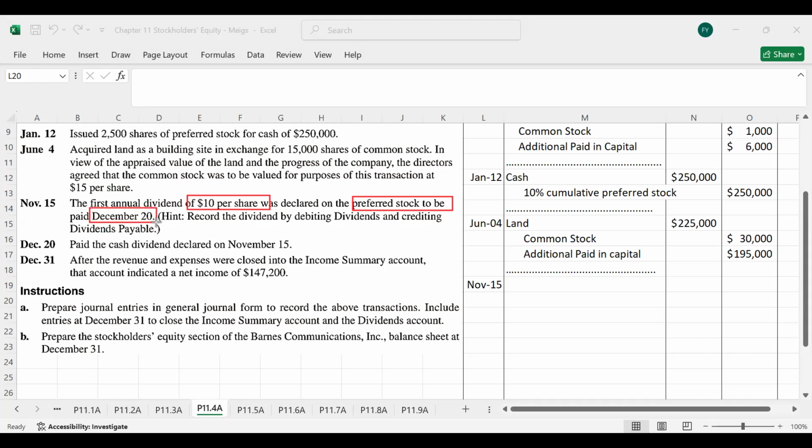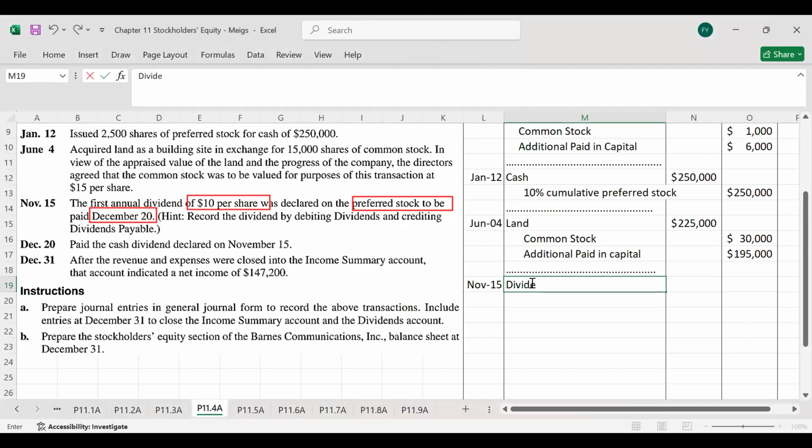Right now, the dividend is just declared, not paid. So cash is not involved at this point of time. The hint is also given: record the dividend by debiting dividends and crediting dividends payable, because on November 15th just the liability is created.